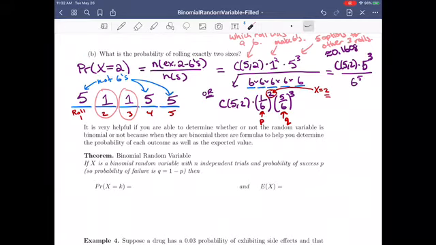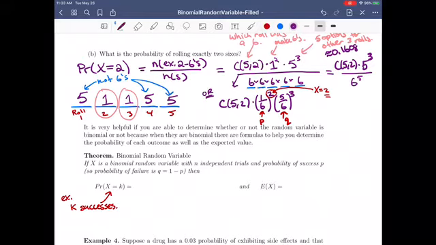So if X is a binomial random variable with n independent trials and probability of success p, so that q is 1 minus p, then if we want to compute the probability that we get exactly k successes, whatever that means.